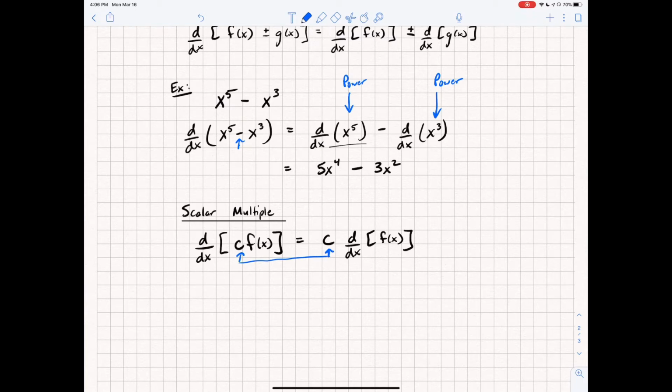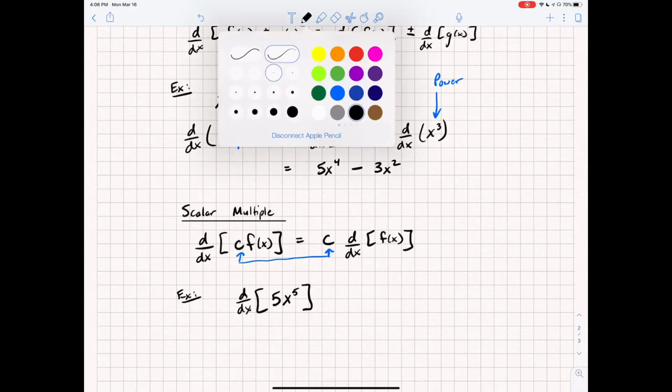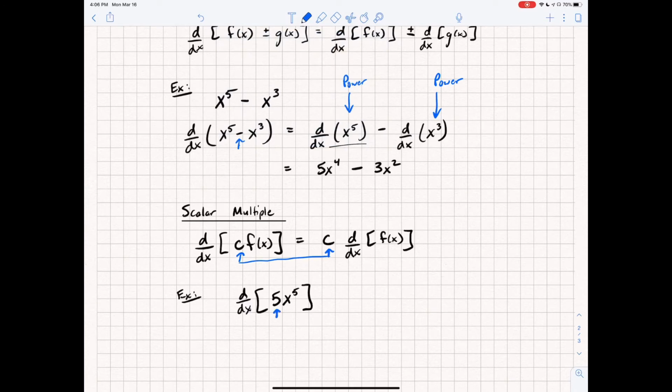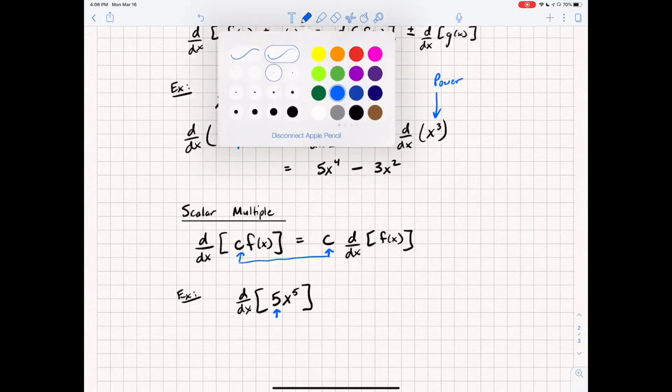So for example, again, looking at x to the 5th, if I was to scale that by 5, so I have a function that's 5x to the 5th, what this 5 is doing is scaling all of the original rates of change for x to the 5th by a factor of 5.